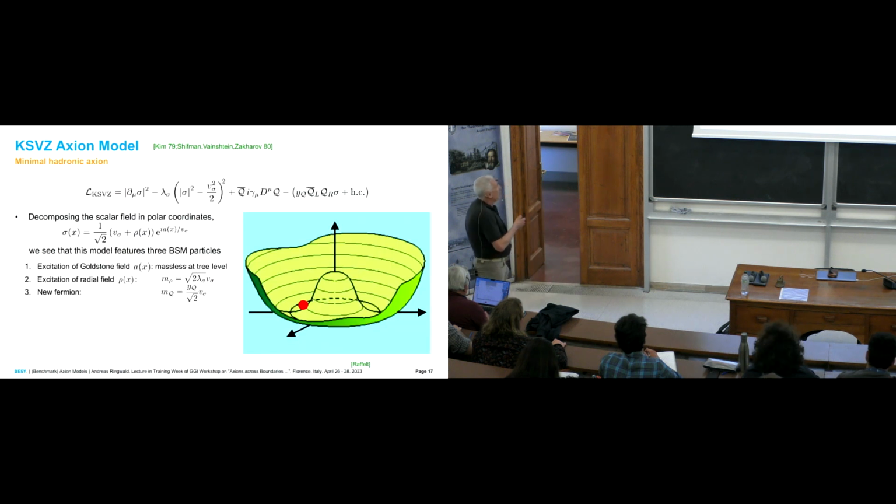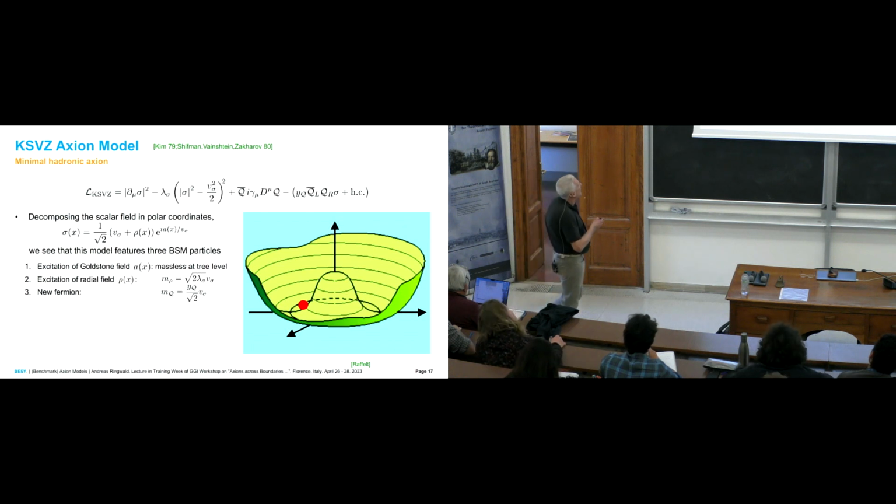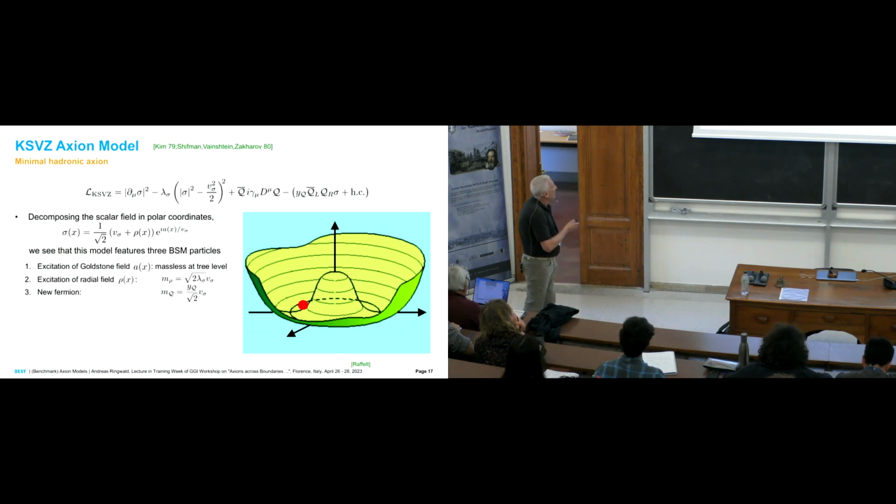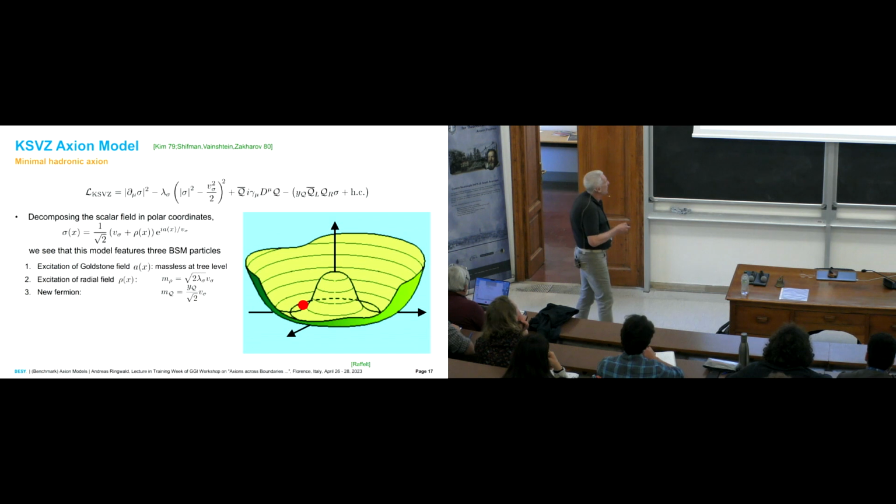Now, of course, if you decompose the scalar field in polar coordinates, which is convenient, you decompose it in a radial component, or modulus component, which goes along the direction of the modulus.